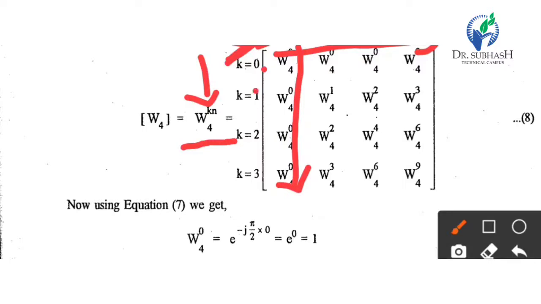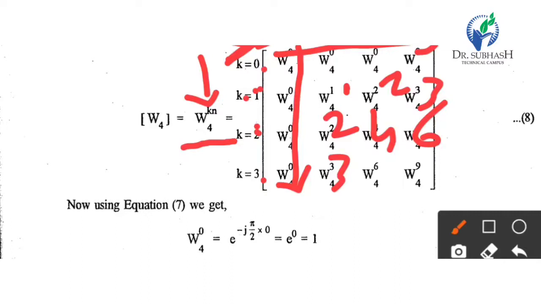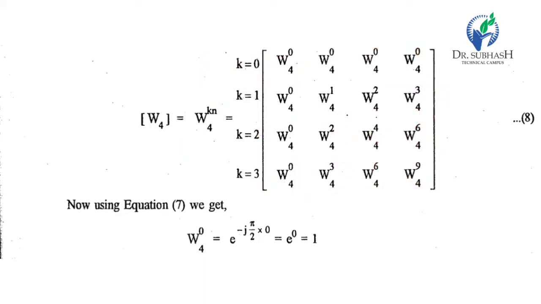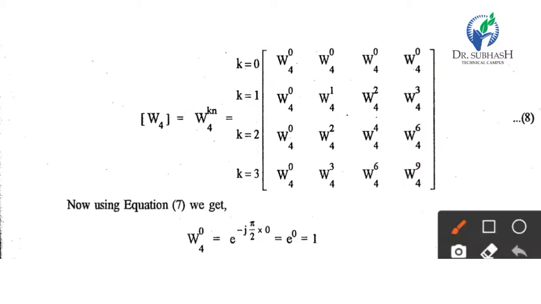Now 1 multiplied by 1 is 1, 1 multiplied by 2 is 2, 1 multiplied by 3 is 3, 2 multiplied by 1 is 2, 2 multiplied by 2 is 4, 2 multiplied by 3 is 6, 3 multiplied by 1 is 3, 3 multiplied by 2 is 6 and 3 multiplied by 3 is 9. So we can find this matrix after multiplication of the k value and n value.